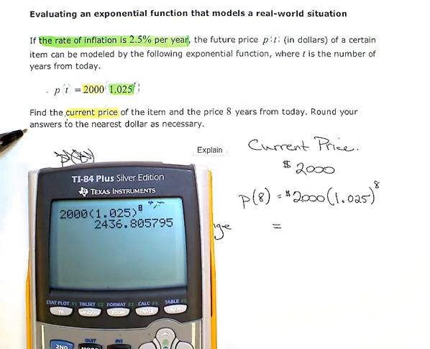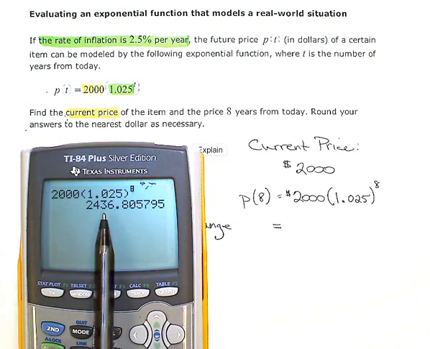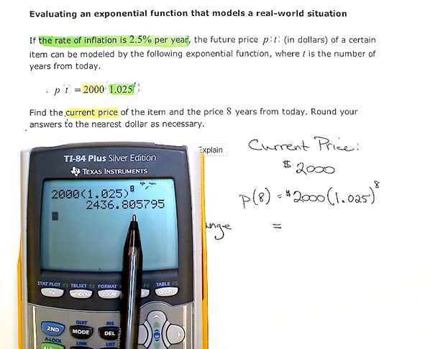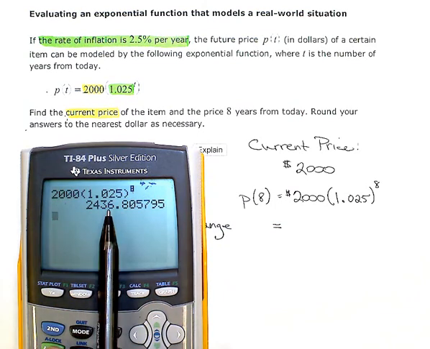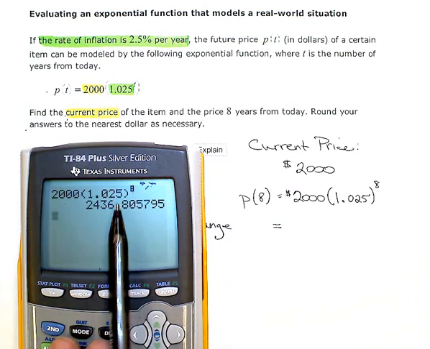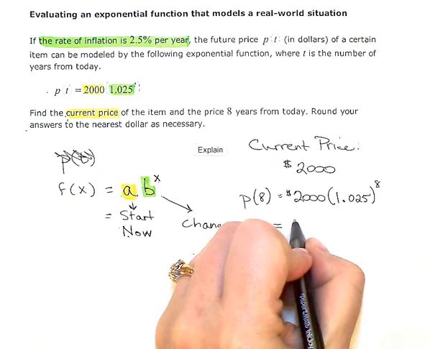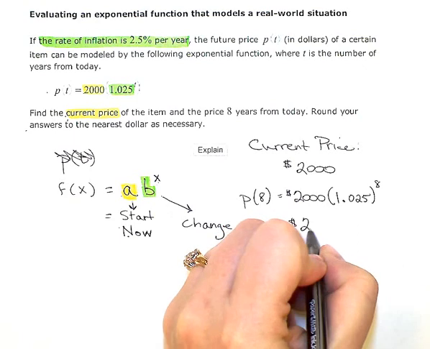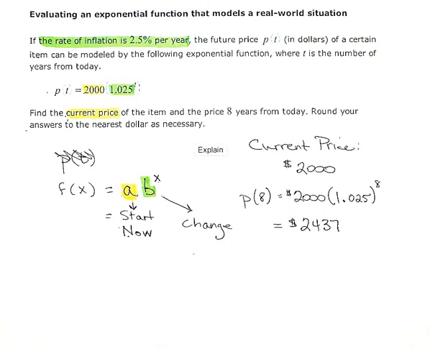So I have to say to myself, is this closer to $2,436 even, right? Or $2,437? So this 80 cents right here puts us closer to the $2,437 as my final answer.